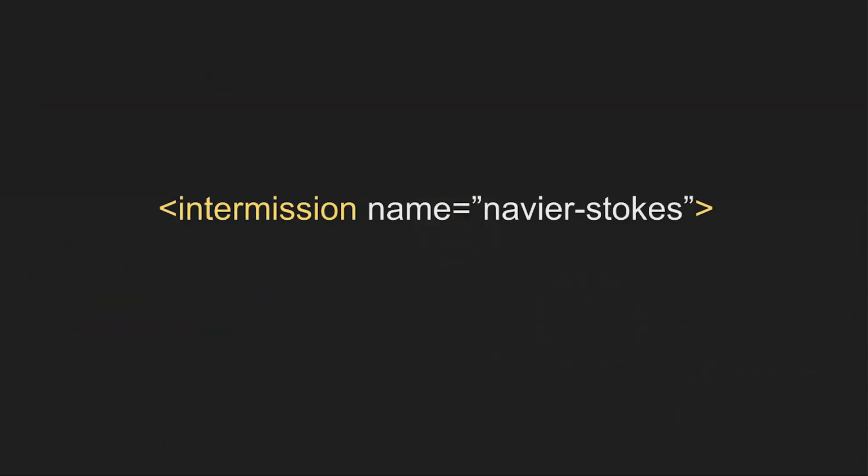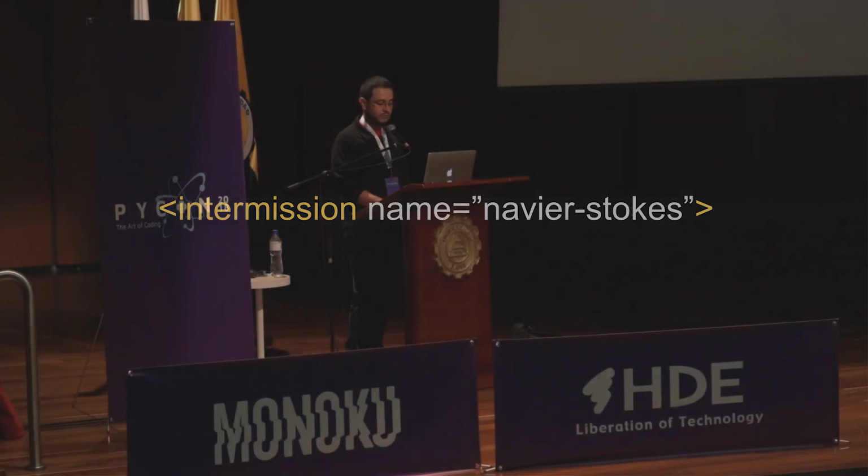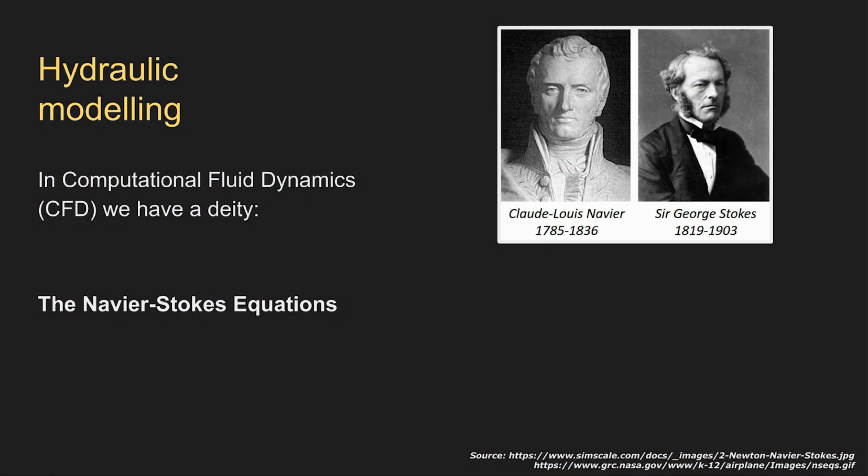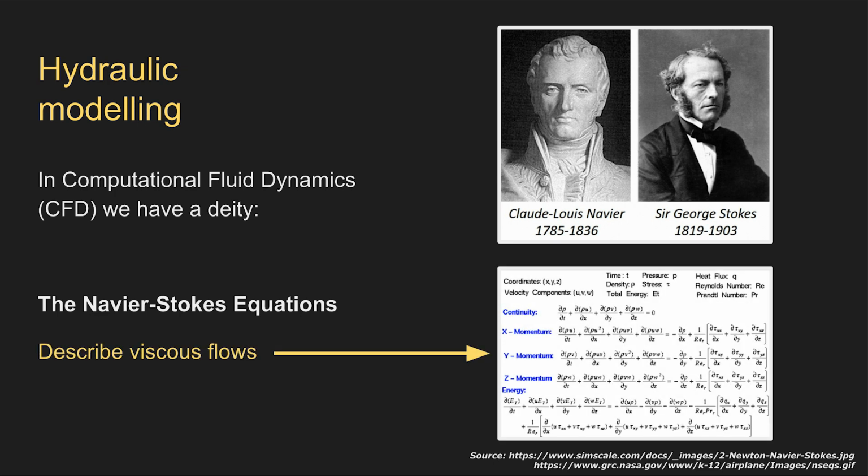So now I wanted to do a little intermission on the Navier-Stokes equations, why they're important and why they're relevant recently due to a paper that was published last September. In computational fluid dynamics, we have a very important set of equations called the Navier-Stokes equations, by Claude-Louis Navier and Sir George Stokes. You can see them on the right.